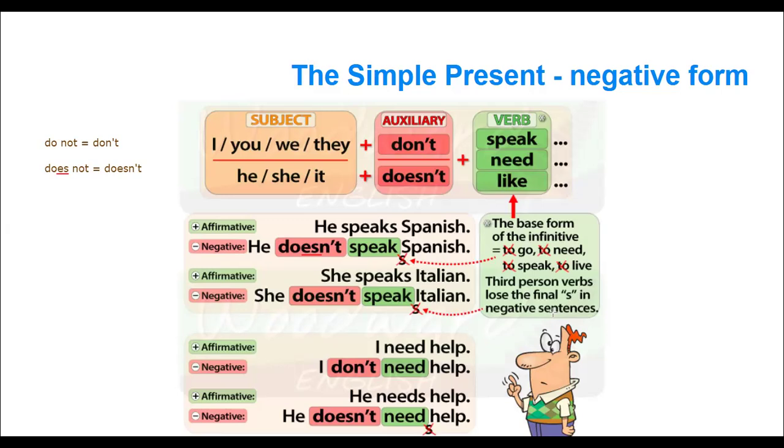So that S that we considered so important in affirmative sentences and the rules we learned, that sometimes it's ES, that if it ends in consonant and Y, all of that doesn't apply to the verb in the negative forms because we already put ES with the auxiliaries. Is it clear? Yes, it's clear. All right. Questions, Catherine?